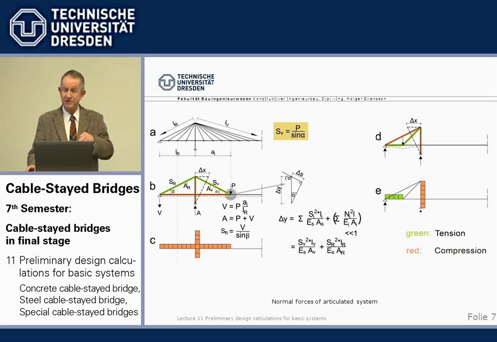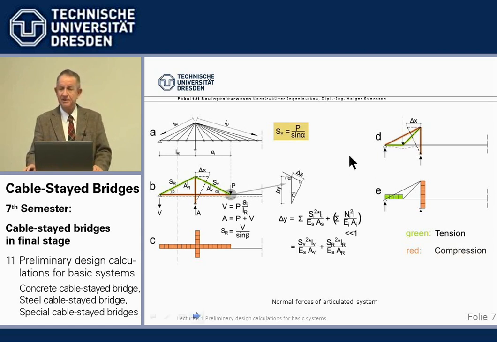The moment we do that, we have a statically determined system. And we can do it because the deformations of a cable stayed bridge are governed 95% by the stay cables. So we make only a very small mistake in the range of 5% if we take away the bending capacity of the tower and the beam.